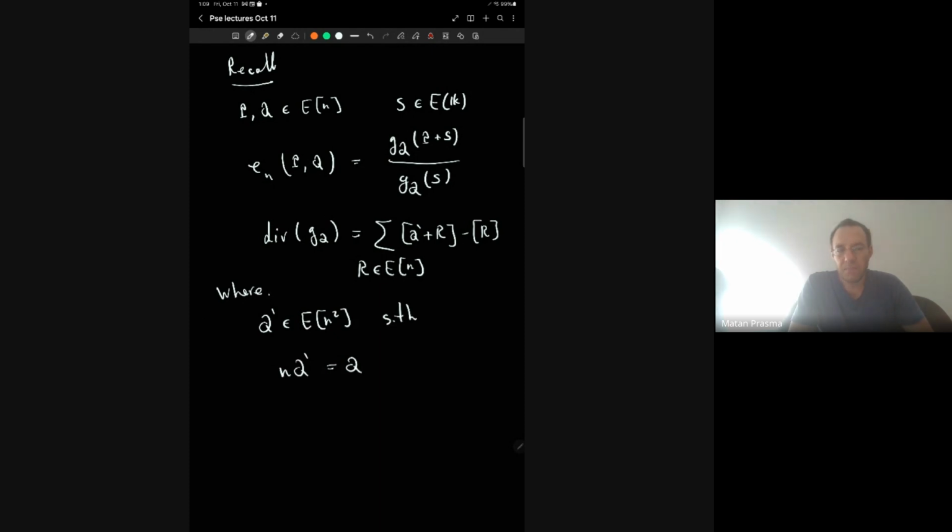In fact, there is something else that appears in the construction of the Weil pairing that is easily computable.